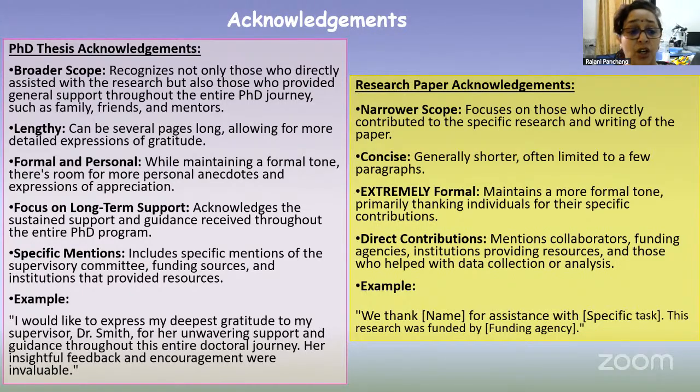Never forget to acknowledge financial support. That financial support can come from a ministry, your university, a department, through industrial funding, or through personal funding also.